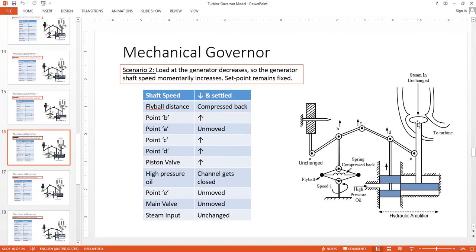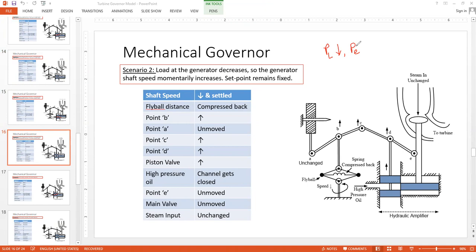Why is the lower opening required? Because the load has been decreased, so we need to supply less electrical output from the generator. In this case, the load got decreased at the beginning, the starting phase of scenario 2. So we need to reduce PE. We don't want to supply additional PE, which is not required.